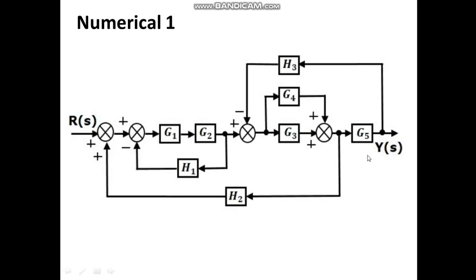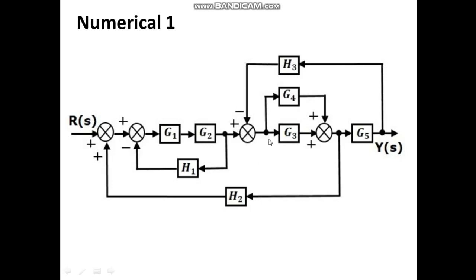Let us try to see the feedbacks which are there in this particular presentation. So the first feedback is taken from this point and is connected as H1 to the second summing point. The second feedback H2 is taken from this point and it is connected to the first summing point. Then the third feedback H3 is taken from this particular point and it is connected to the third summing point.